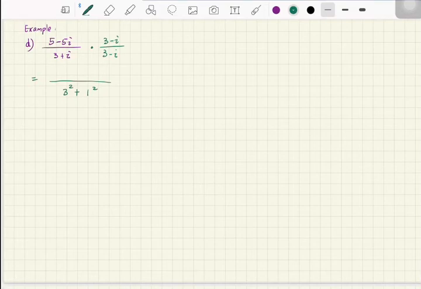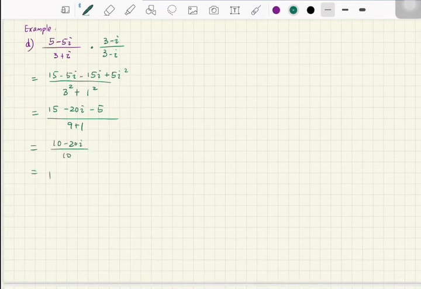The numerator is going to be FOIL: 15 minus 5i minus 15i plus 5i squared, where i squared is negative 1. So we end up with 10 minus 20i over 10. Simplify, and we get 1 minus 2i.